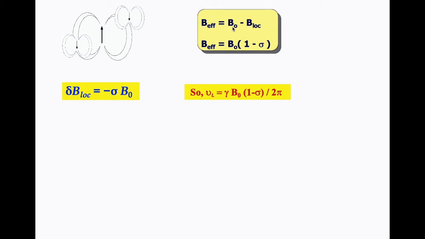It is simply B0 minus B local, a very simple logic. With B local defined as above, when you replace, B effective is B0 multiplied by (1 minus sigma).